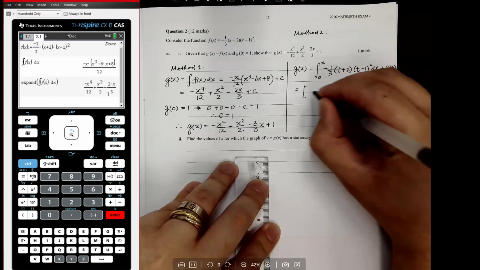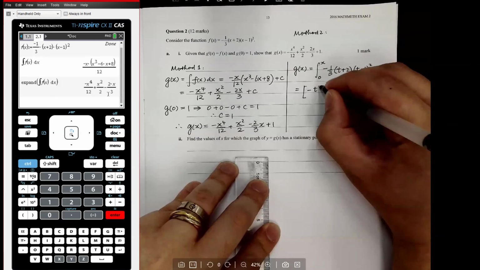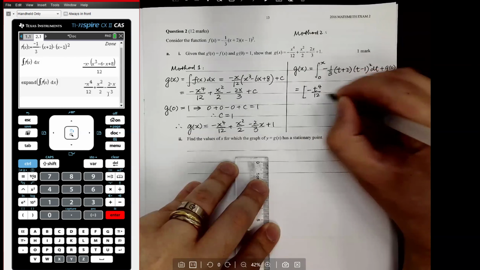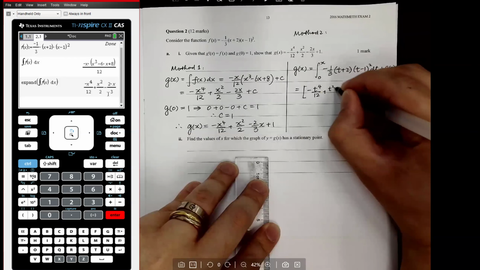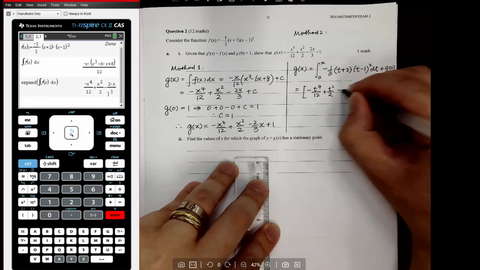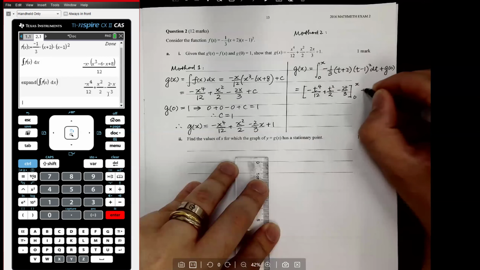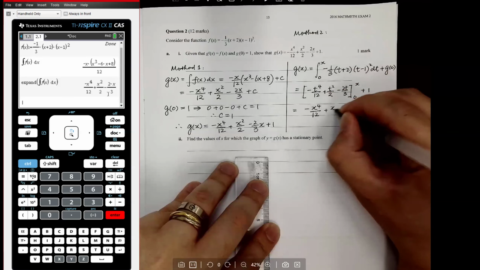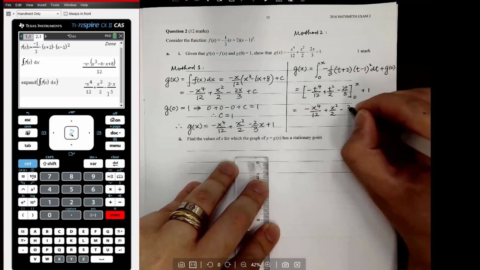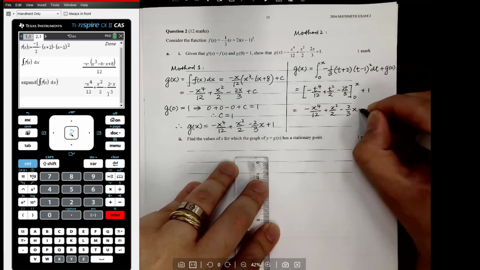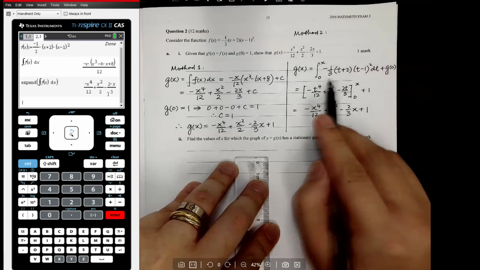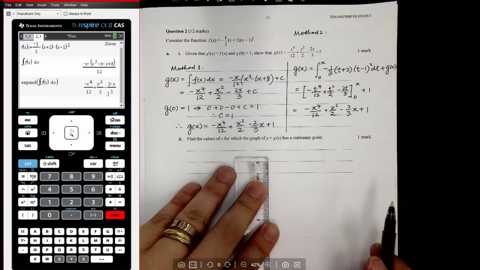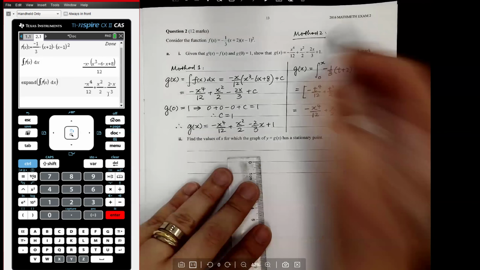And you say, okay, this is minus t to the power 4 divided by 12 plus t squared divided by 2 minus 2t over 3, add 1. So that leads to the desired answer, okay? And if you are using this method, you have to show a dummy variable in your definite integral. So this is method 2, okay?